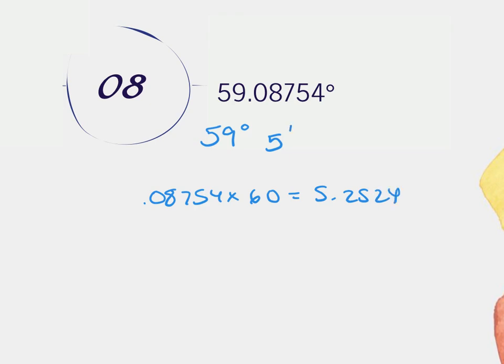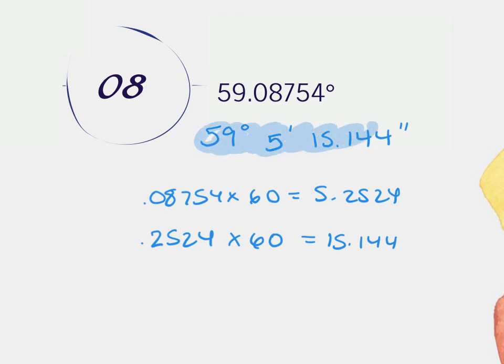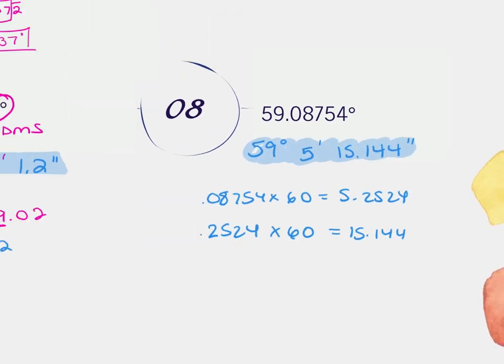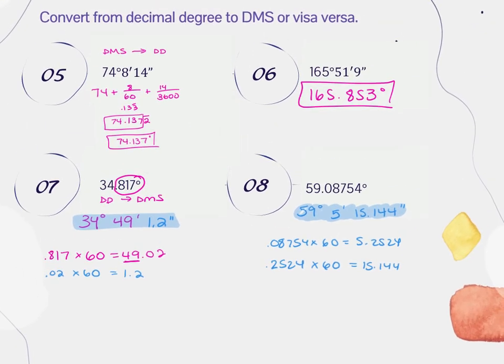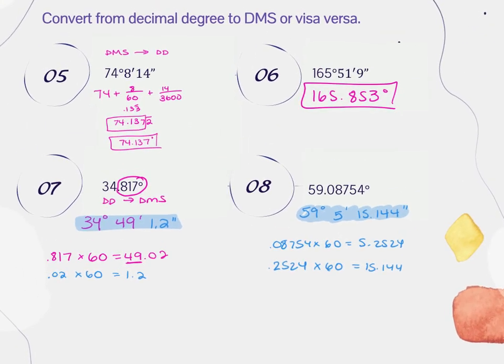So I keep the 5, and then I do the 0.2524 times 60, and I get 15.144 seconds. And the last one you just round to 1,000. Just need to remember, no milliminutes.